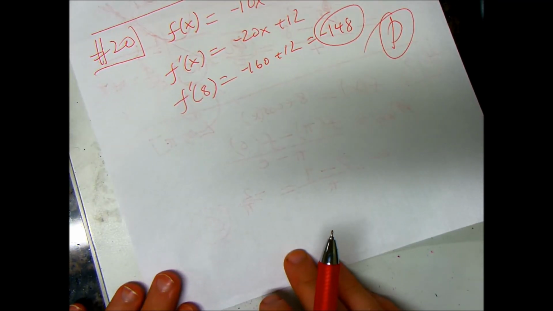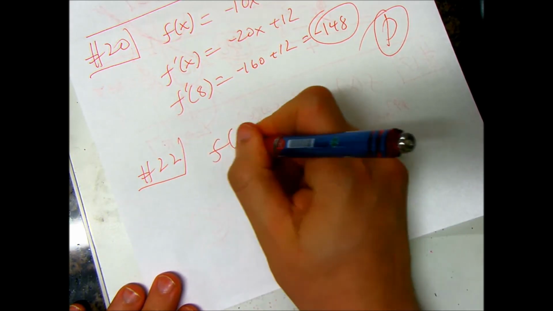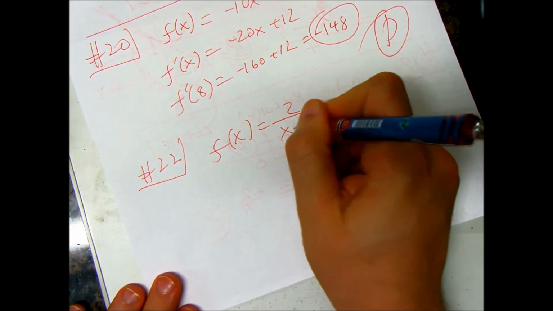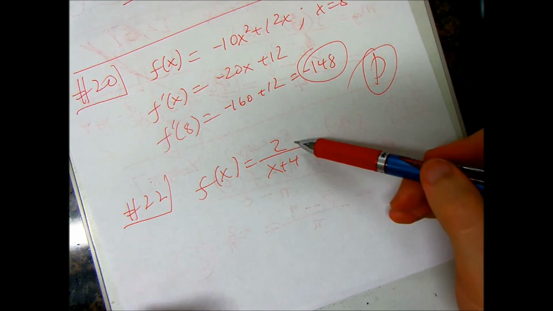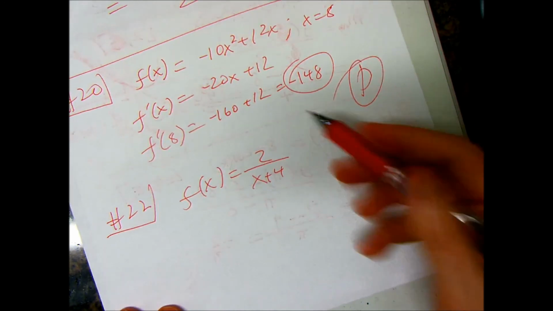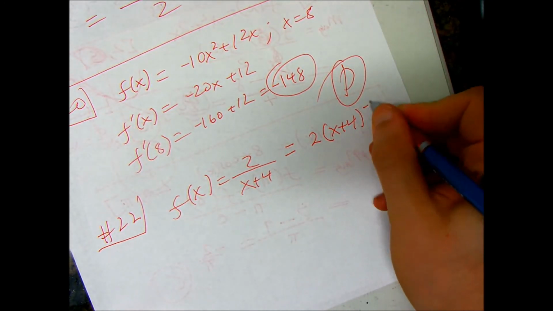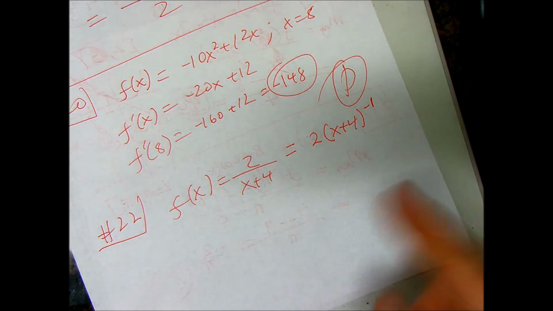Alright, and then let me just do this for the sake of showing you a quick trick on this stuff. F of x equals 2 over x plus 4. Keep in mind that if something looks like it might be a quotient rule, but you don't have an x on the top, take advantage of that and write the bottom as a negative exponent, and then just do the chain rule.